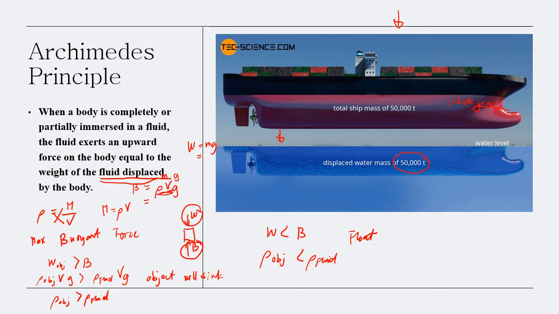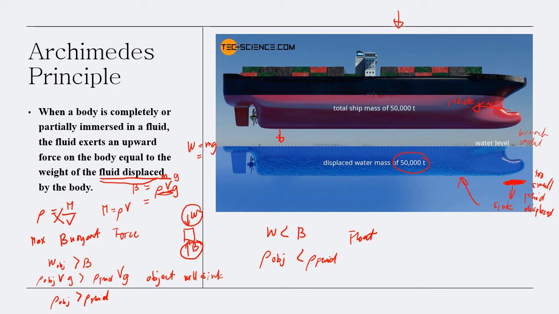Unlike if you take a wrench. Again, this is also a metal. Since the wrench is just at this size, the amount of displaced water is too small. That's why it will just sink compared to this metal ship.